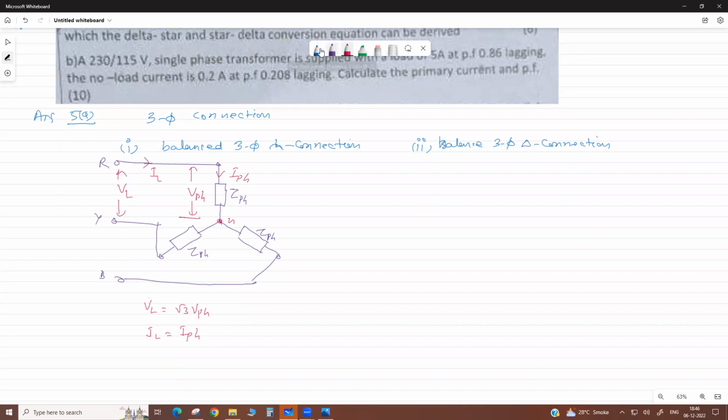But for star, this is your delta connection. This is your per phase impedance. Now the same impedance if we connect as a delta connected load, balanced delta.